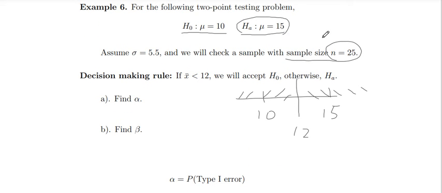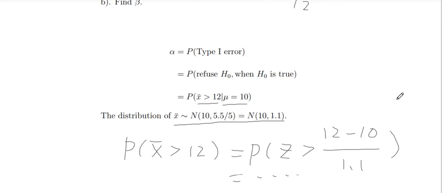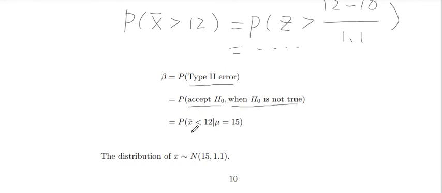If we do not believe mu equals 10, then the only choice is mu equals 15, right? So we accept H0 when x bar is less than 12, but H0 is not true, then HA is true, so mu equals 15.